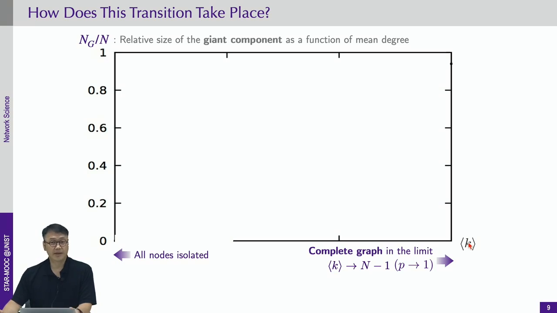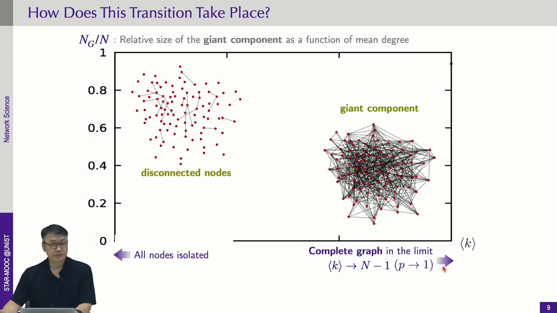Every node remains isolated when P equals 0, and every node is connected to every other node in the opposite limit. In between these two extremes, we have these graphs, both of which are also intuitively easy to understand.